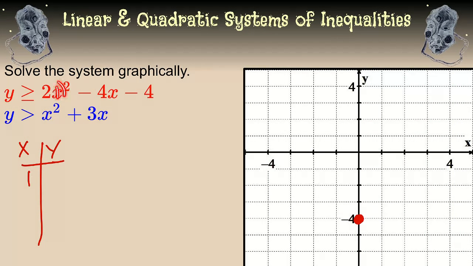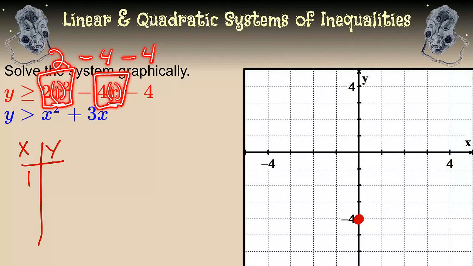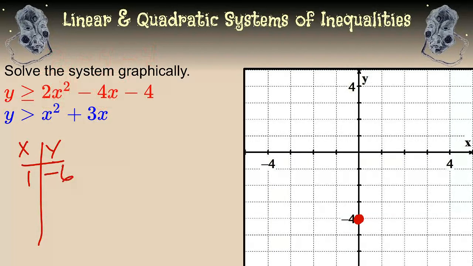So I'm going to plug in 1 for x. This is going to be 1 squared is 1 times 2, that's 2. 4 times 1, so we have negative 2 minus 4, that's going to be -6. So we have (1, -6).